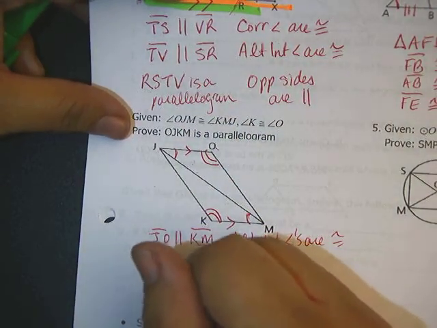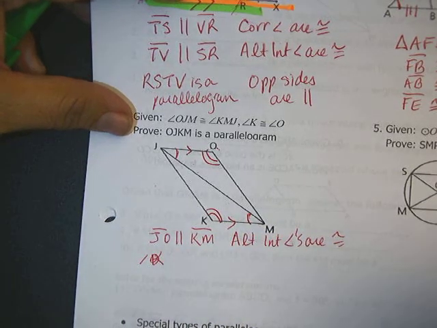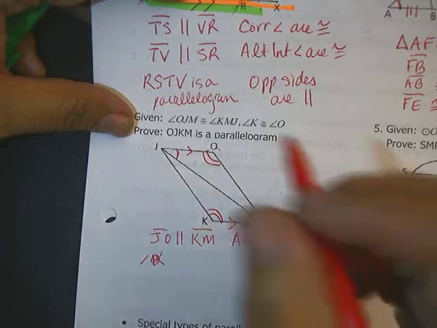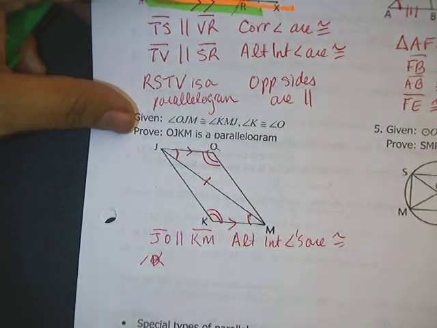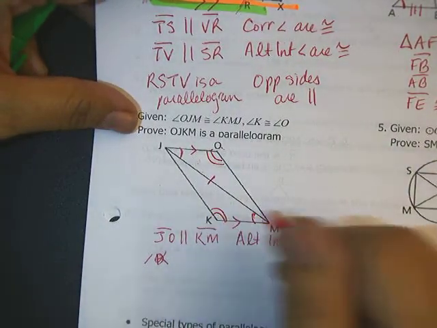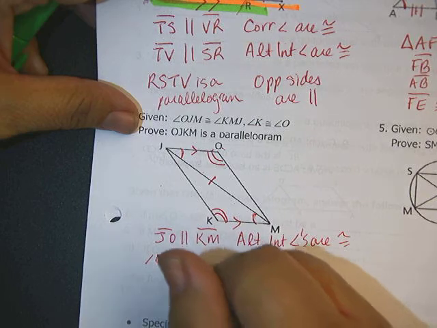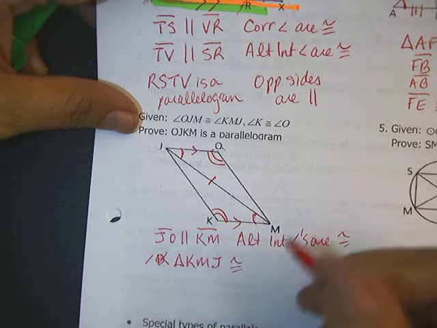All right. Then they tell me angle K is congruent to angle O. Well, what does that mean? I'm actually going to jump and think, wait a second. Look, I've got some more triangles here. Angle, angle, side.